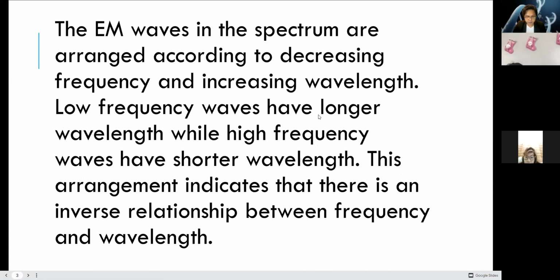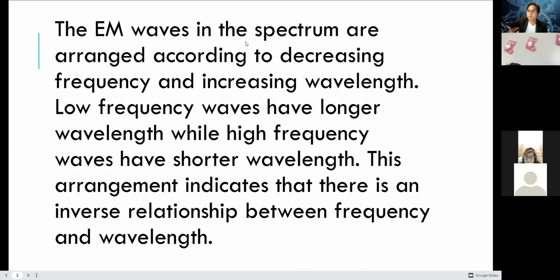Just like when you are holding a rope and you move it up and down slowly, you are creating bigger waves, but using lesser energy compared to when you make it move faster.